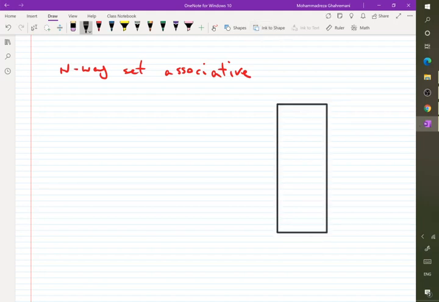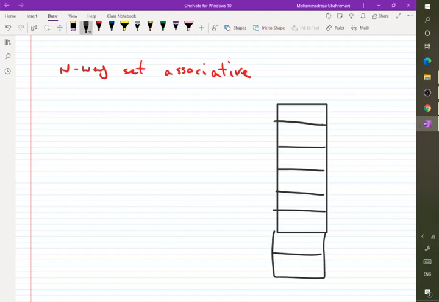If we assume we have a cache like this and it has, let's say, 8 blocks: block 0, block 1, block 2, block 3, block 4, block 5, block 6, and block 7. Of course we can do direct mapping, we know how it works. We can do associative mapping, we know how it works. But what is n-way set associative?